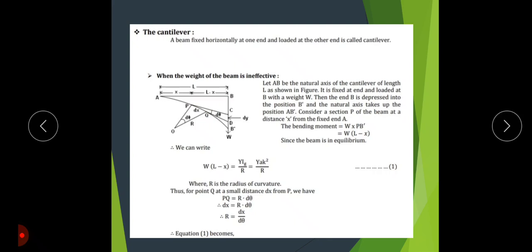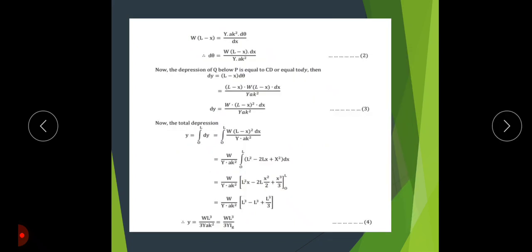Next, substitute equation 2, that is dθ, in this equation. We obtain the relation dy is equal to (L minus x) into dθ.